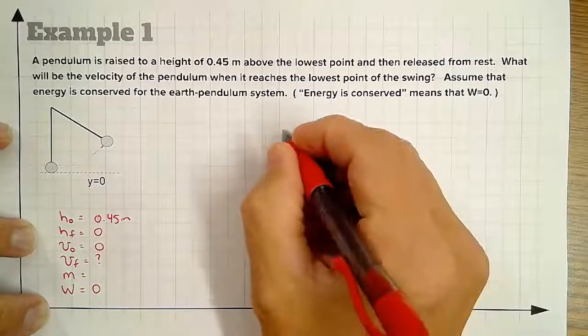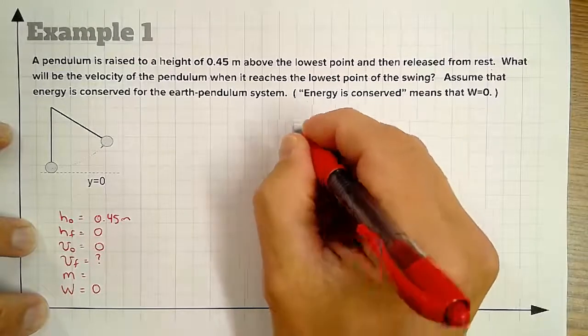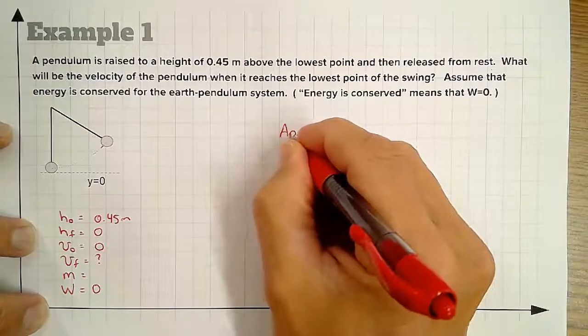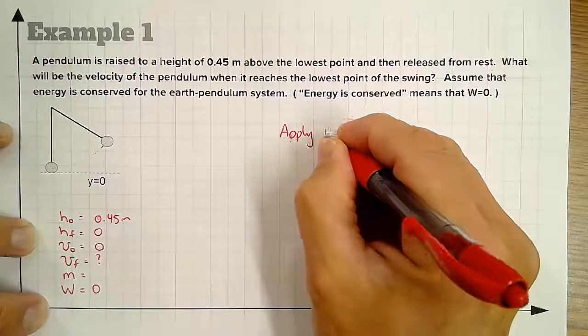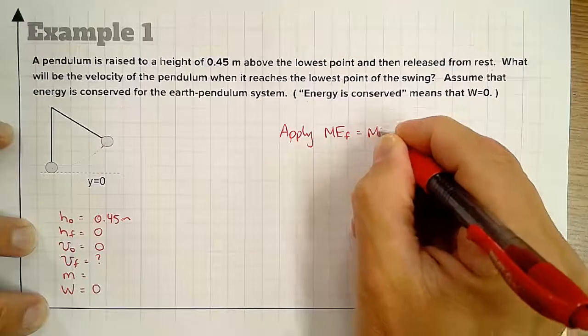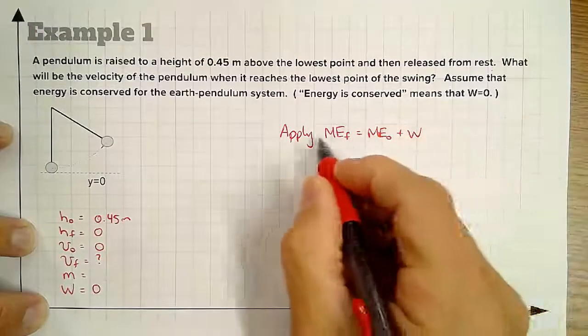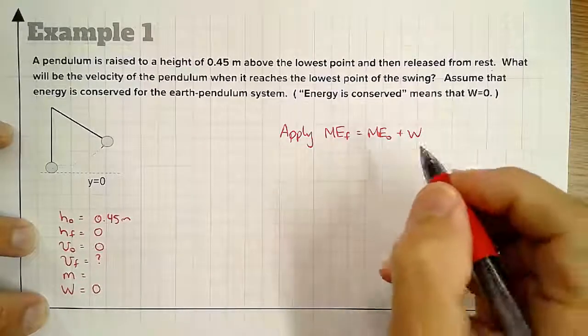Okay? So in physics, when we use a principle, we state the principle first. So to solve this problem, I'm going to start by saying that I'm going to apply the work energy theorem, which is that the final energy of our system equals the initial energy of our system plus any work done. Okay? Now this is a principle. We're going to use it to build ourselves an equation.